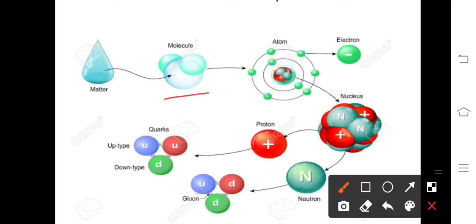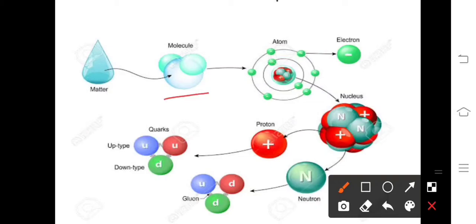And atoms are made up of a nucleus, and around the nucleus there are different energy levels. In these different energy levels, electrons are occupied.